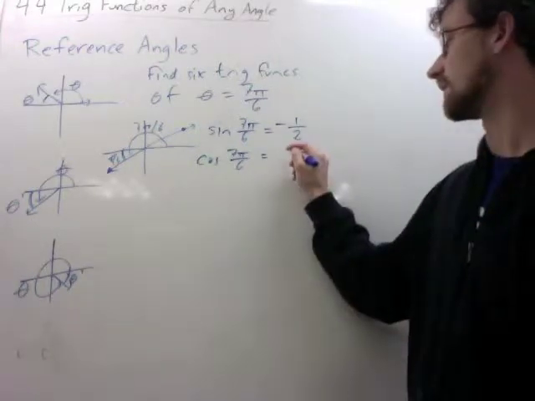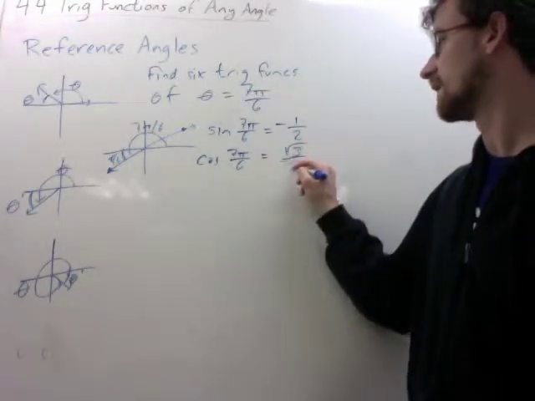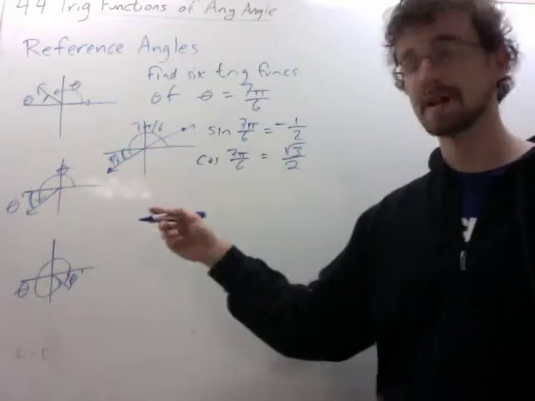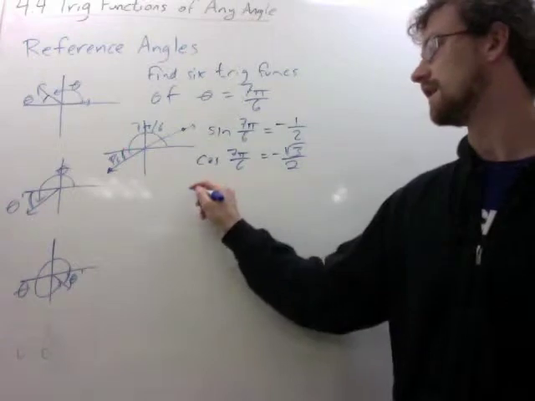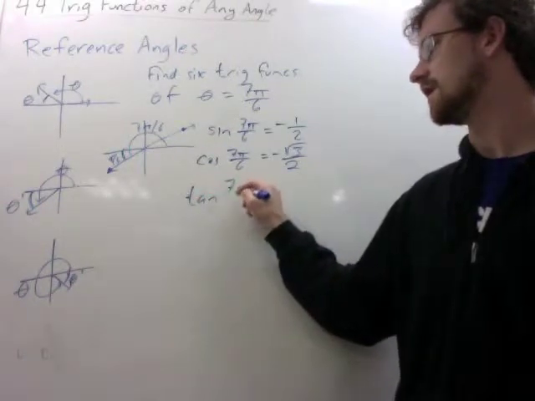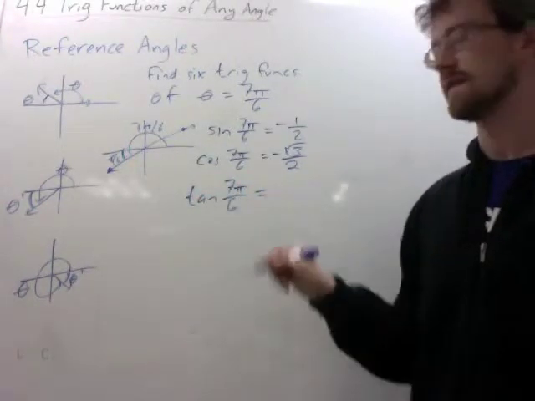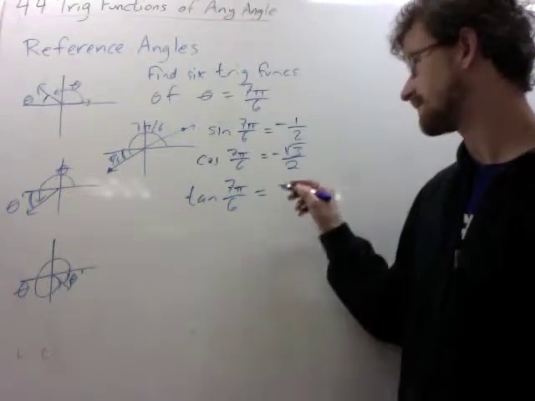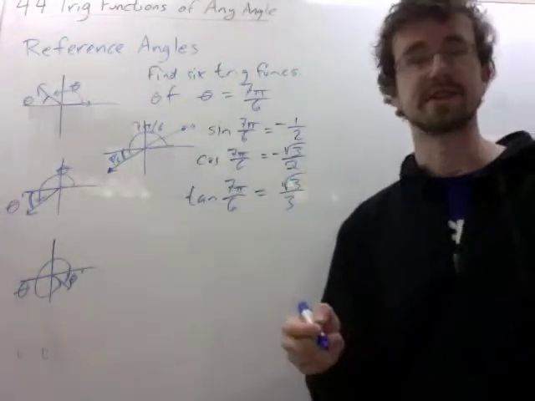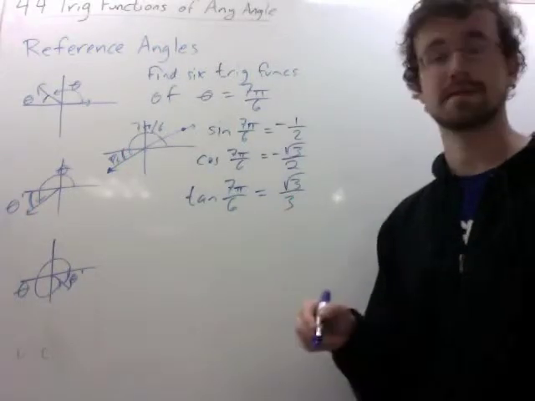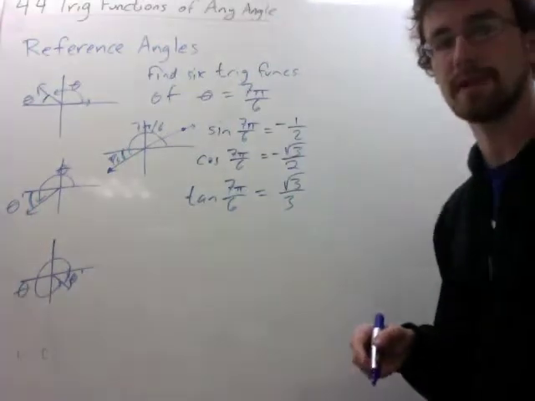Well, that's √3/2. But we know that cosine is negative in quadrant 3, so that becomes negative. The tangent of pi over 6 is √3/3. And tangent is positive in quadrant 3, so that just stays as √3/3.